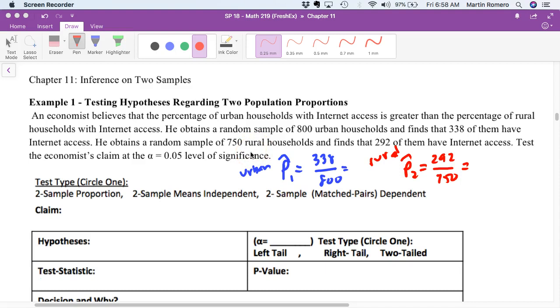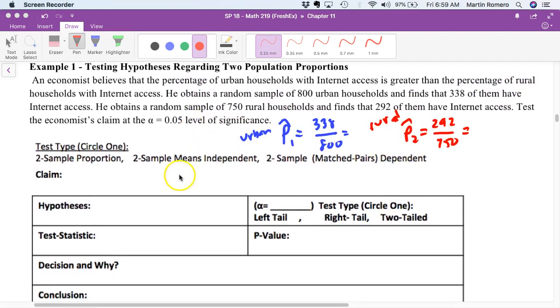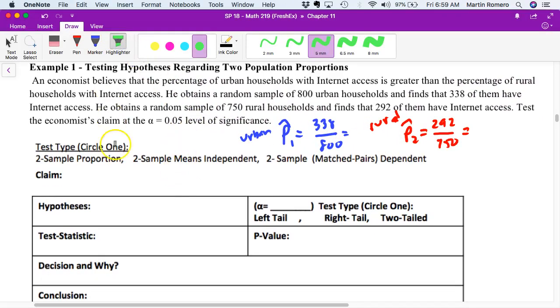In this case, an economist believes that the percentage of urban households with internet access is greater than the percentage of rural households. There's the claim, and so we're going to test this. Just to go through the process, this is a two sample proportion. You have to ask yourself which type of test it is.